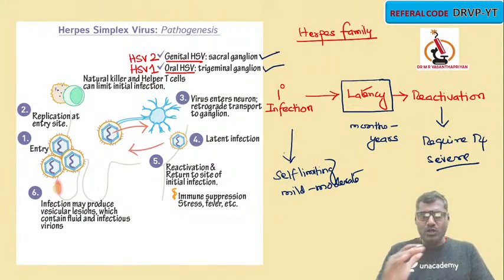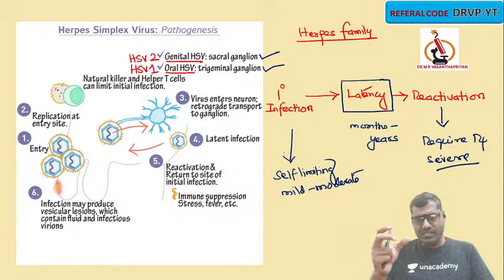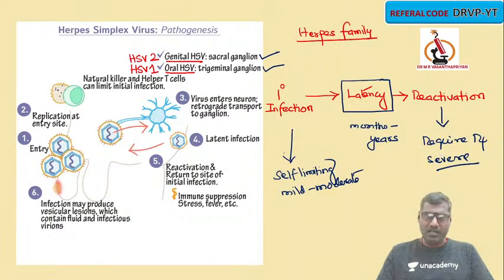That is the common rule to remember. Primary infections of any virus in the list of latent viruses are self-limiting and mild to moderate. After latency, the virus is reactivated, always considered severe and requiring treatment. Very simple.